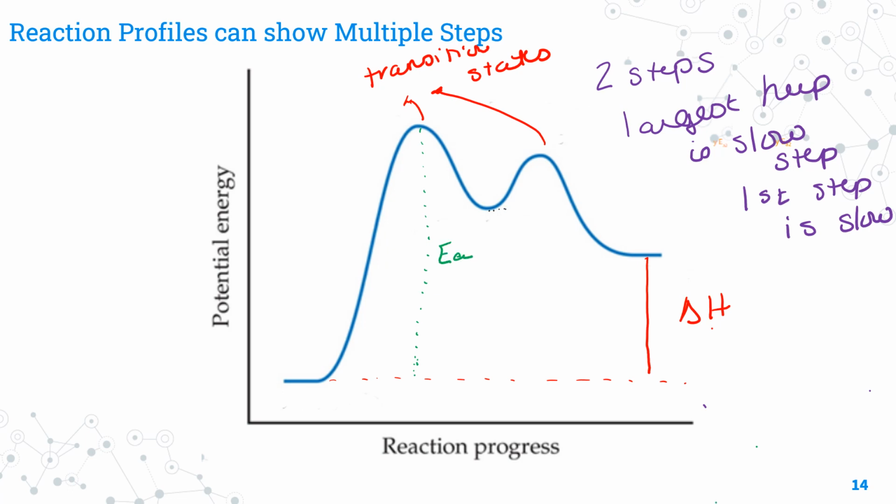Here's our intermediate and the next transition state. So this is our second activation energy. This is our reactants, and this is our products. So because my delta H is higher than my reactants, this is going to be endothermic.